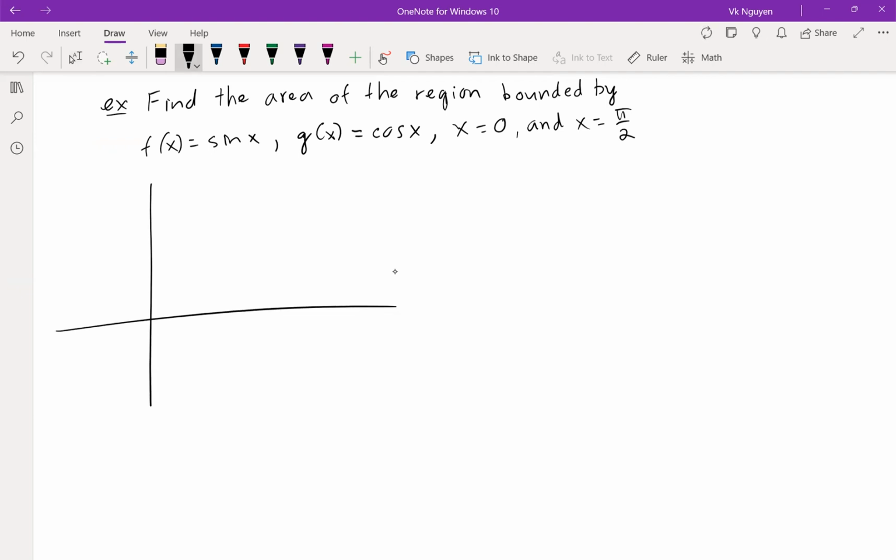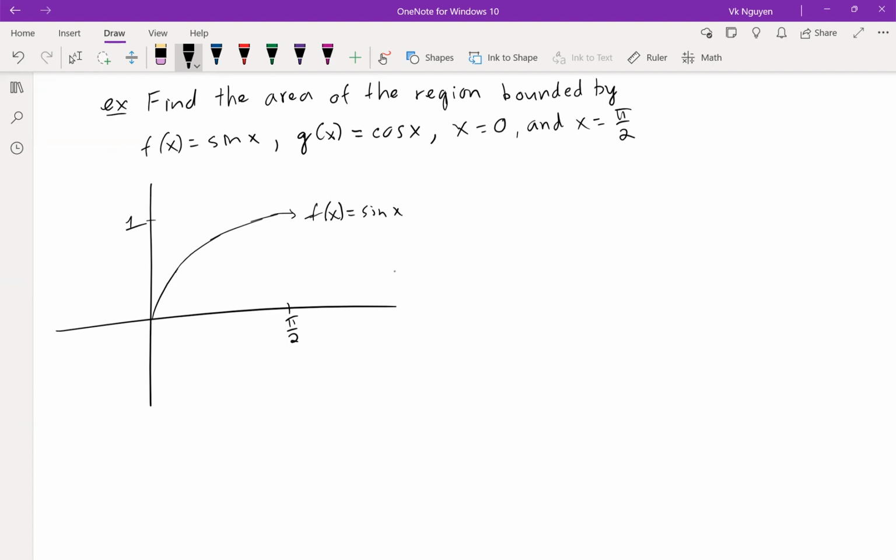Sketch out. So this is the sine x right here. We know sine of pi/2 is 1. This is y equals sine x.